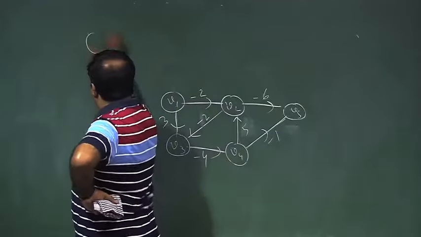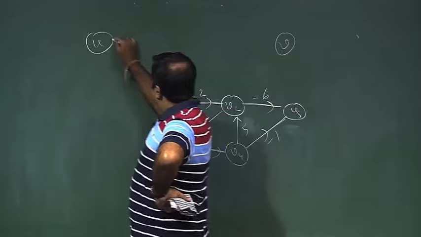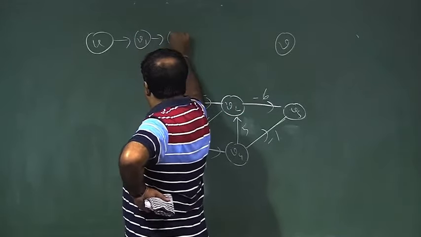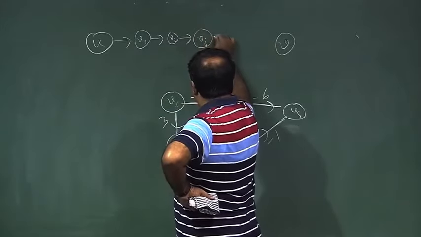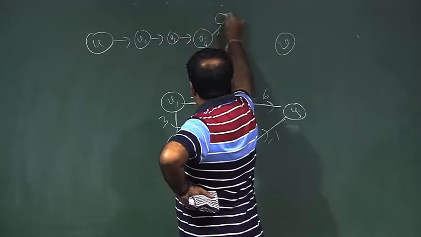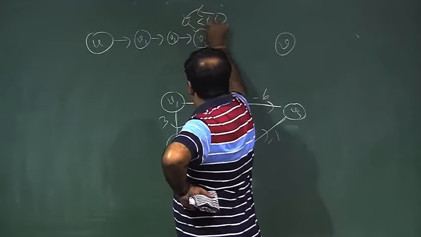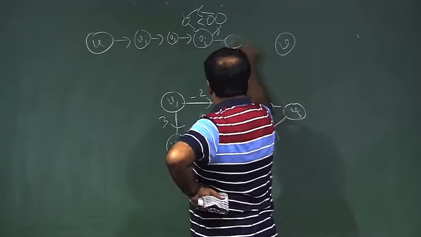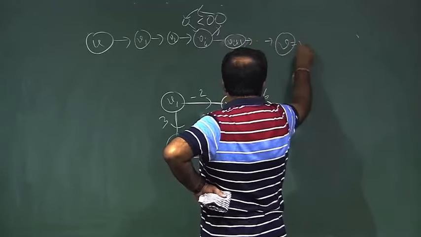So, if we have a path from U to V, suppose this is V1, V2, and suppose there is a vertex Vi where there is a negative weight cycle. This is negative. So, this is Vi plus 1 dot dot dot Vk.